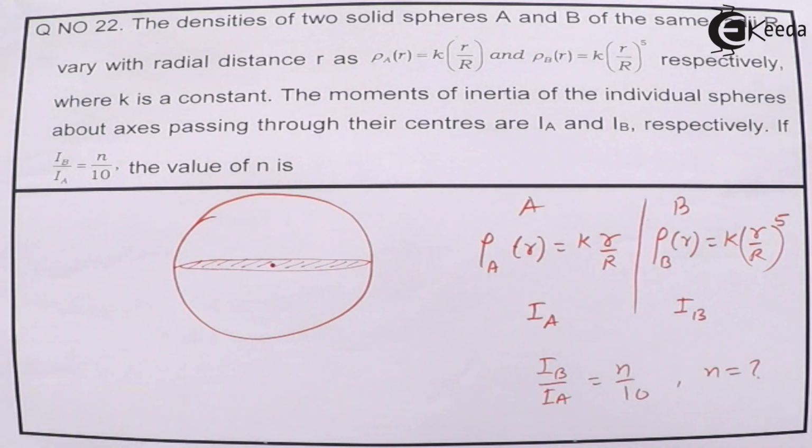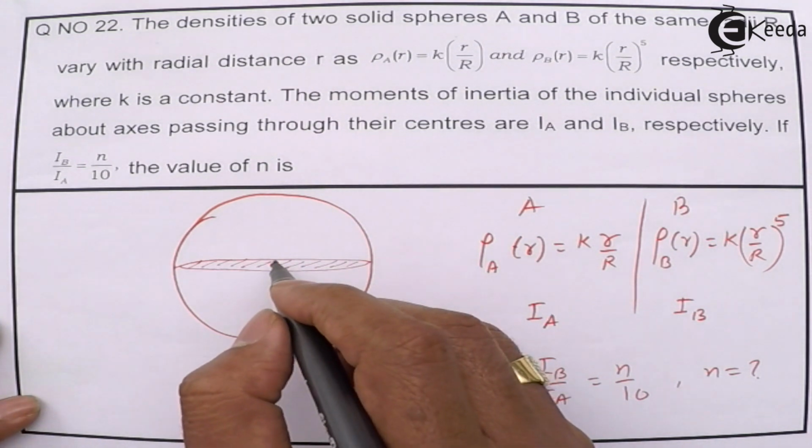So now, how to find it in case of a variable density?